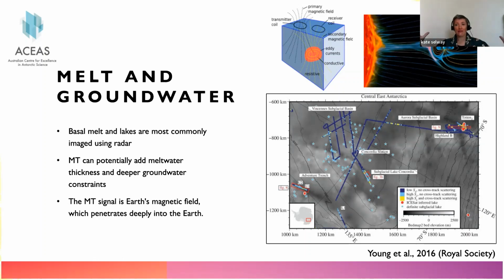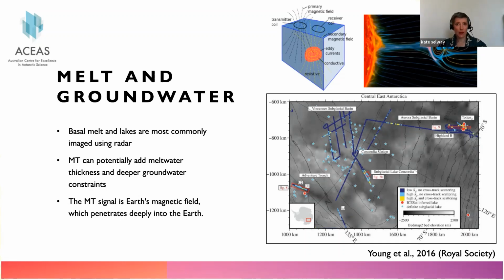And really because that source field is so big, that's why we can see to such huge depths within the Earth with MT, and why we can see such a huge range of depths. So it means that we can see deeper than radar can see.